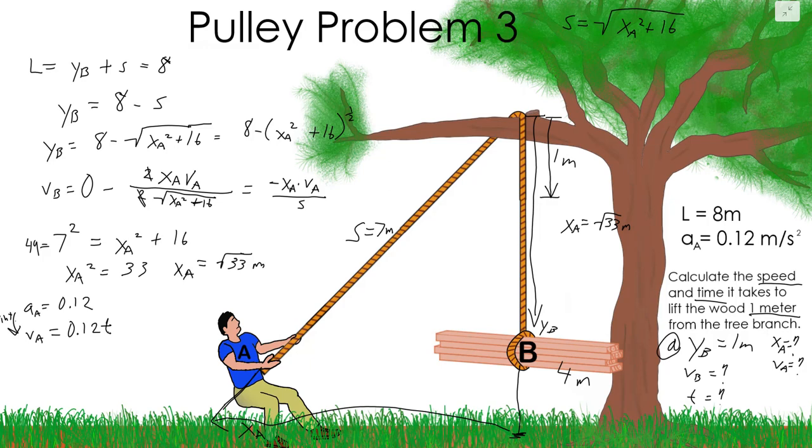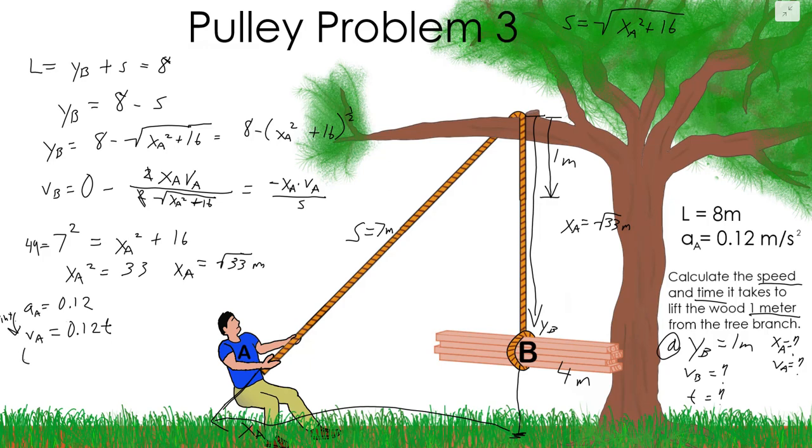I have horrible handwriting, so I'm working with it. That's going to be plus C when you integrate. C is just 0, so we're going to say he starts from rest, so he's not running and grabs the rope. That's very ill-advised, obviously. We're just going to ignore that, and it is just this in the end.